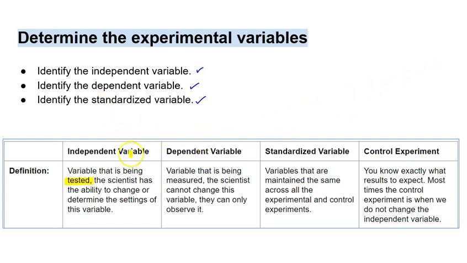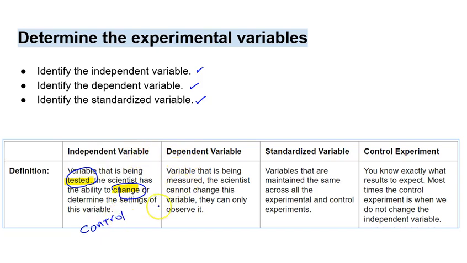For the independent variable, make sure you know this is a variable that the researcher is going to test, and also is able to change or control. So the variable that is going to be tested, or that the researcher is able to change or control, is called the independent variable.